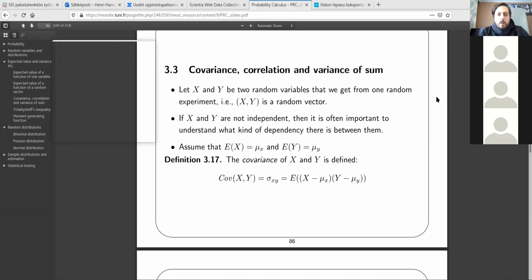So if the expected value of x is mu x and the expected value of y is mu y, then when we measure this random vector, we get a point xy. And this gives us the expected value of x's deviation from its expected value multiplied by y's deviation from its expected value.